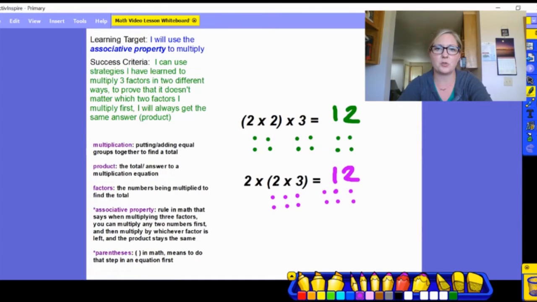Just another visual to show you how to think about grouping the factors in different ways when we're multiplying our 3 factors using associative property. Even though my arrays look different, if I added or counted up all the dots in each of them, I would still have a total of 12.